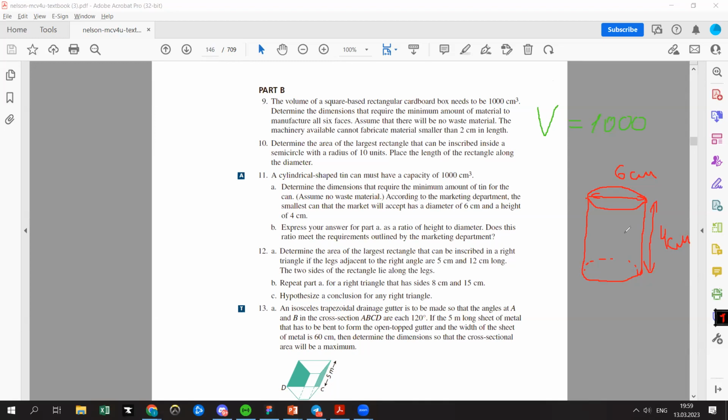I'm not sure. So one way is to use the formula for surface area, because if we're talking about the material that we are making it out of, it's going to be some wall. If we're talking about a can, basically some canister that can contain something in it, how would you make it?